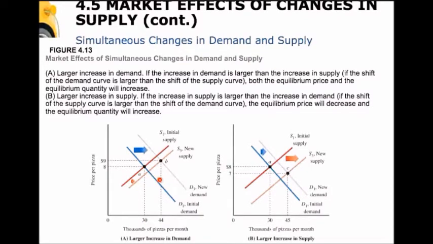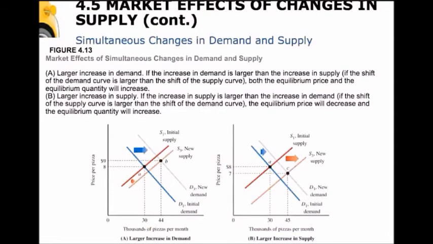If the demand curve increases or shifts to the right, and supply increases or shifts to the right, what we'll see is an increase in the quantity being produced and the quantity being consumed. Consumers want more, and producers are willing to supply more, so the quantity goes up.